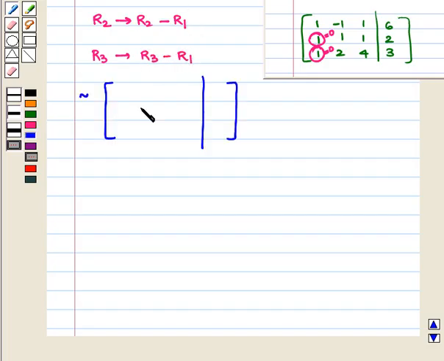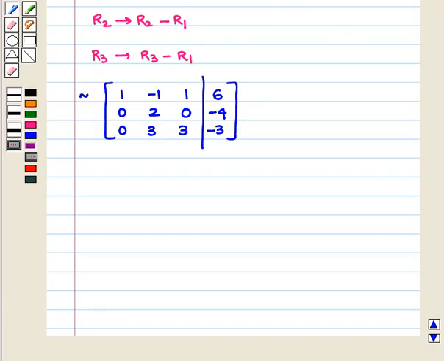And the matrix obtained is 1, -1, 1 and 6 as the first row entries, 0, 2, 0 and -4 as the second row entries, and 0, 3, 3 and -3 as the last row entries.